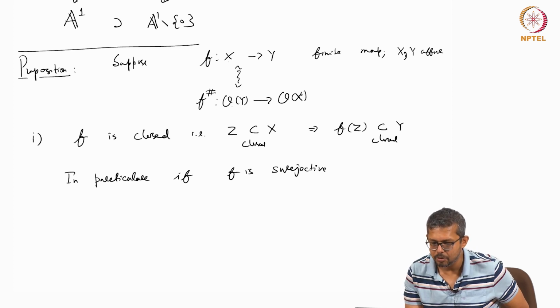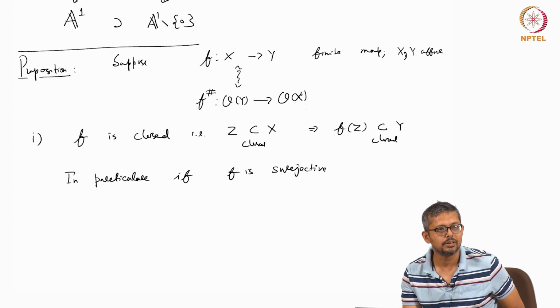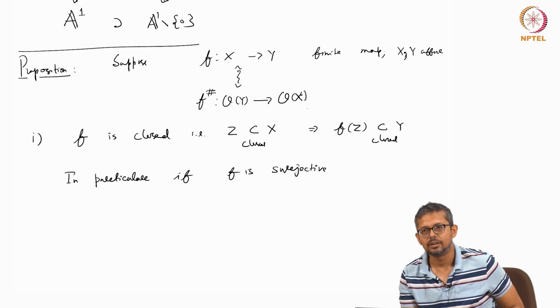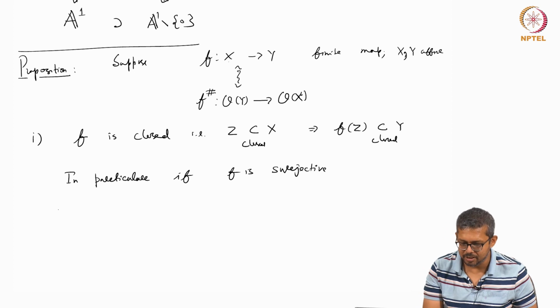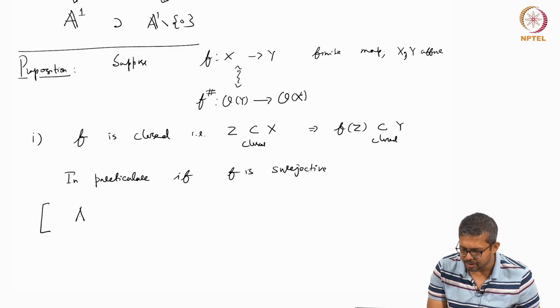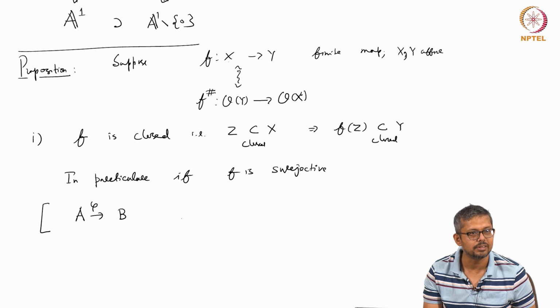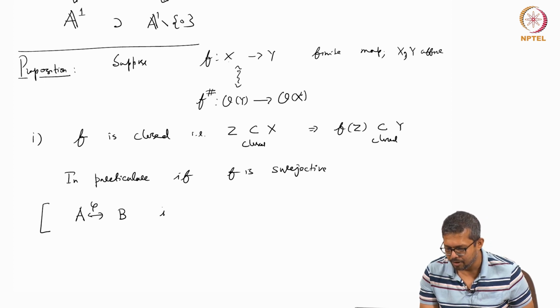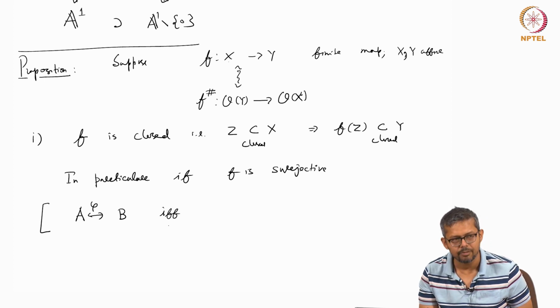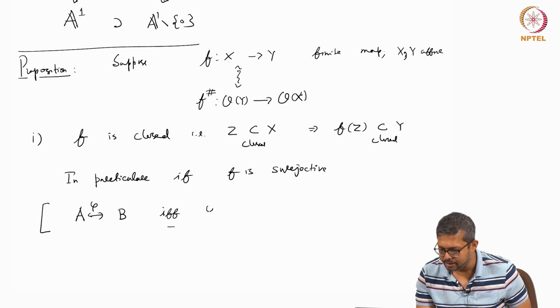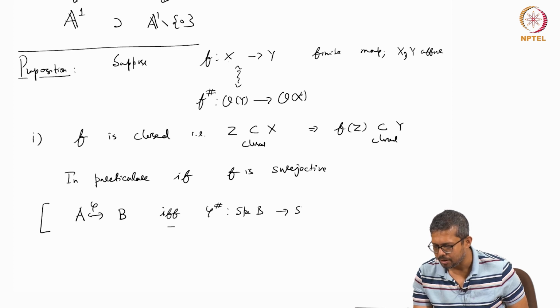What does it say about O_Y to O_X? You remember this exercise in Atiyah-Macdonald, that if you have a ring homomorphism A to B, this is surjective, this is injective, if and only if, I think this is an if and only if statement, that phi star from Spec B to Spec A is dominant.